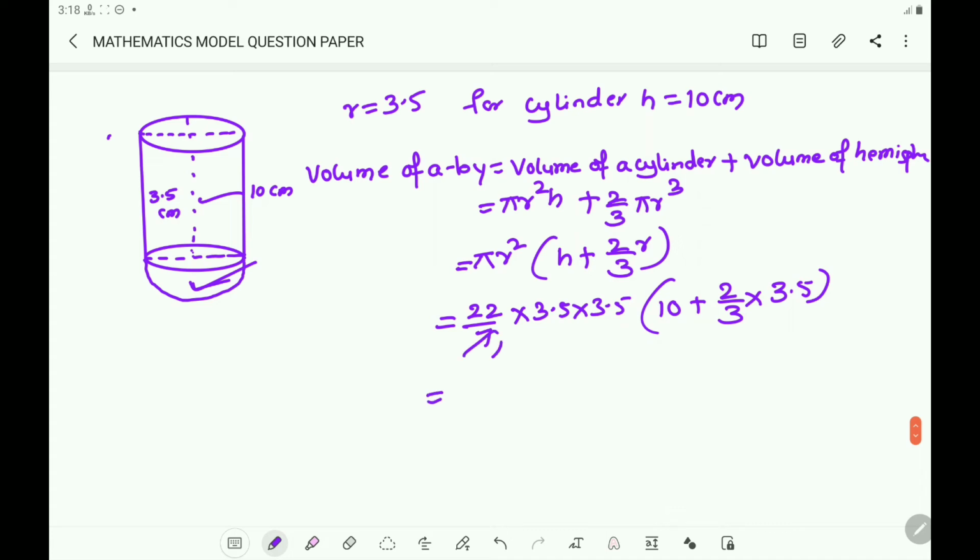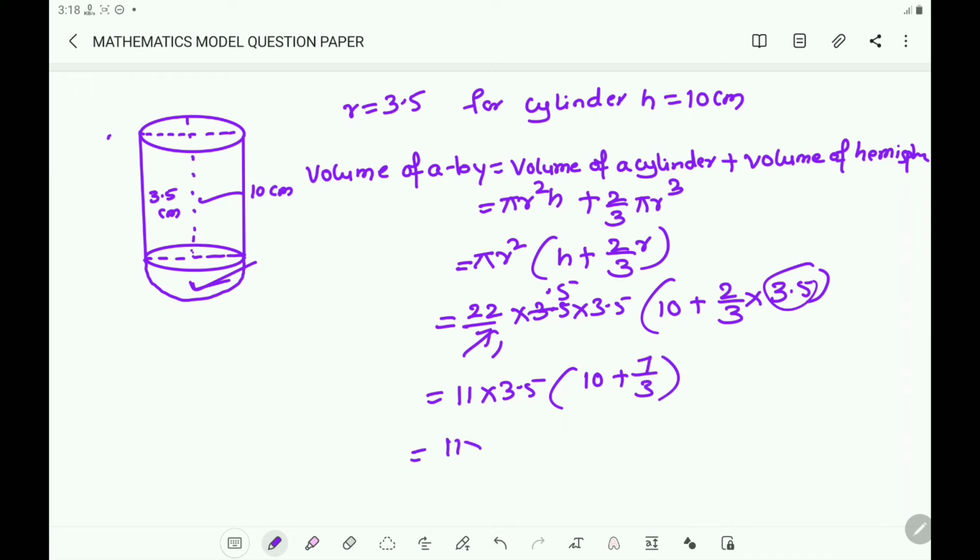Then it is 7 ones are 7, 7 fives are 35, 22 fives are 110, and 22 into 0.5 is 11 into 3.5 into, that is 10 plus 3.5 into 2 is 7 by 3.